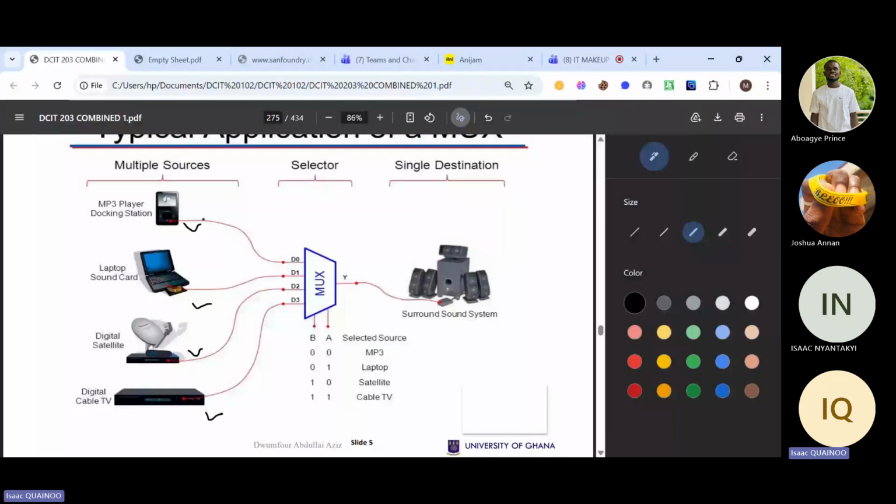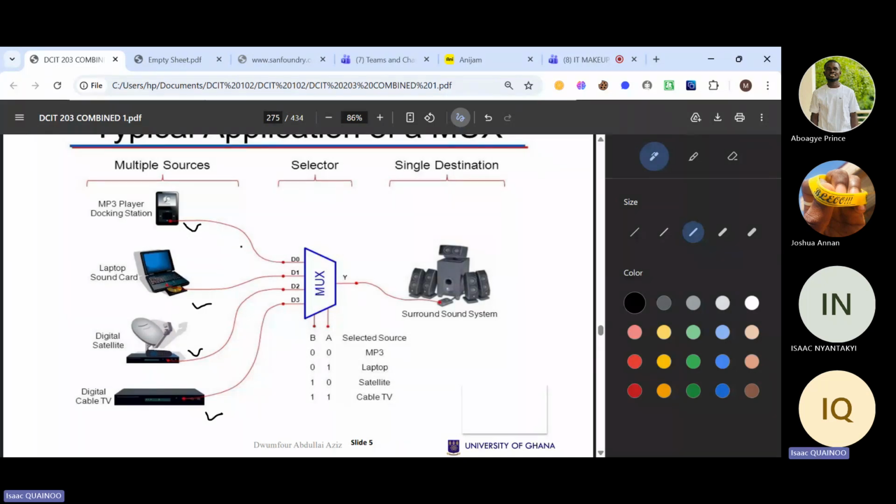So I was trying to explain that there is a practical illustration of what we did yesterday. We have four data lines. Data line 0 is an MP3 player. Data line 1 is a laptop. Data line 2 is connected to a digital satellite. And data line 3 is connected to a digital cable.